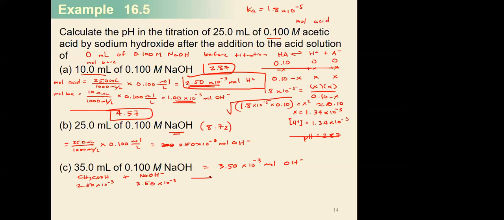So just to do the same thing as earlier, you don't have anything here, and it's not minus 2.5, it's just 2.5. Why? Because the acid is only 2.5 times 10 to the negative 3 moles, and you're going to form also 2.5 here.